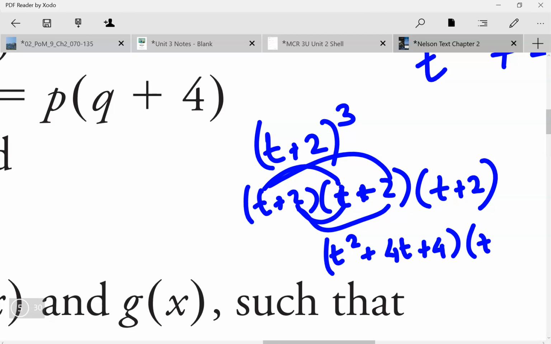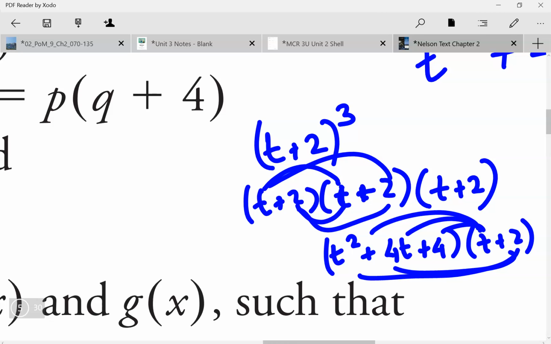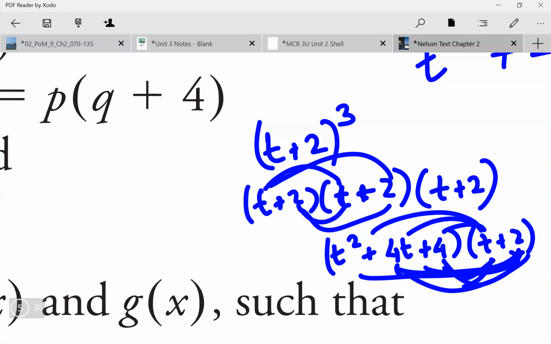And then you have another step where you multiply everything here with the t plus 2. Again, it doesn't really matter which way you go in the crab claw. You can even do t squared times t squared times 2, 4t times t, 4t times 2, and just going from left to right, it will give you the same answer, multiplication of two things, whatever.